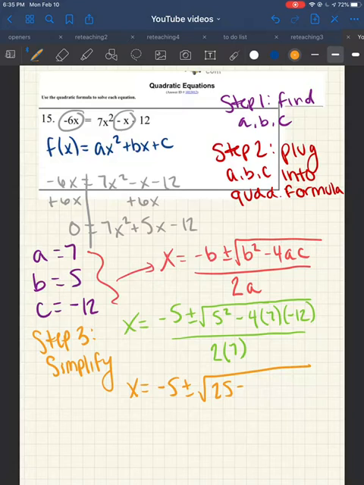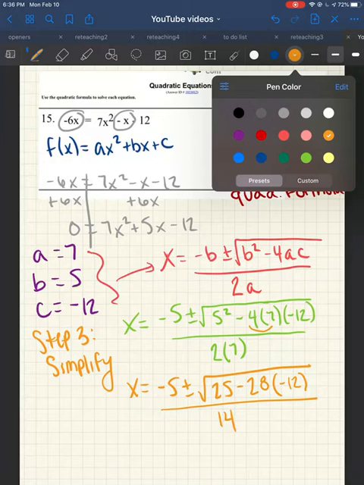And I'm going to multiply this first, so negative 4 times 7 is going to be negative 28. I'm going to carry that negative 12 down here. And then we have 2 times 7, so that's going to be 14. Okay, so I've simplified just a little bit further. I'm going to continue to simplify.